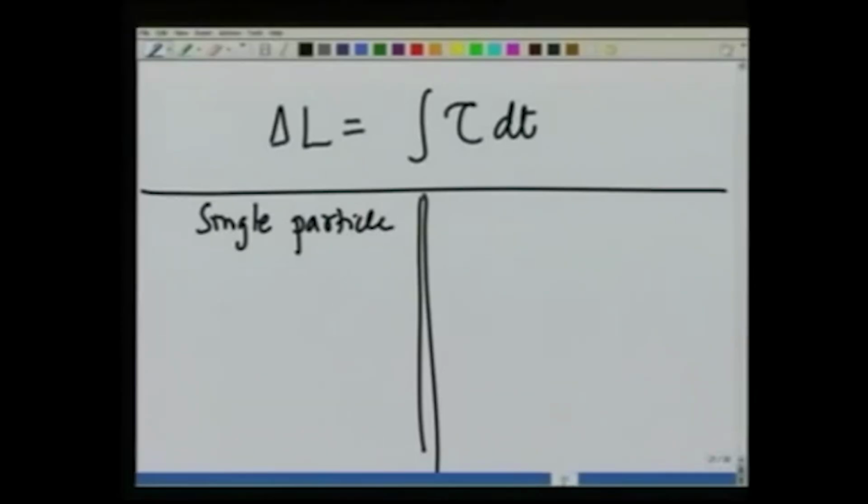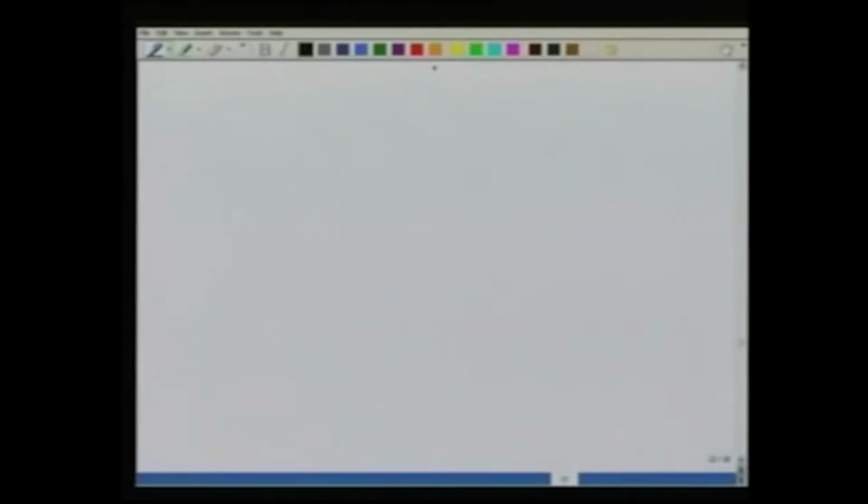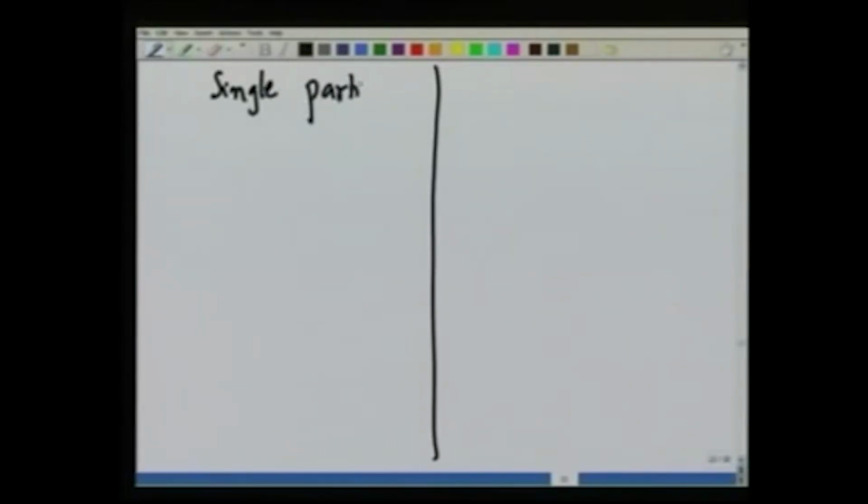So, let us see what are the equivalent quantities in single particle and rigid body dynamics. So, let me write single particle here and a rigid body.